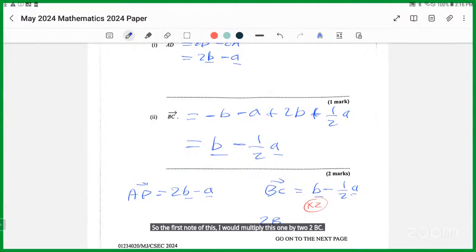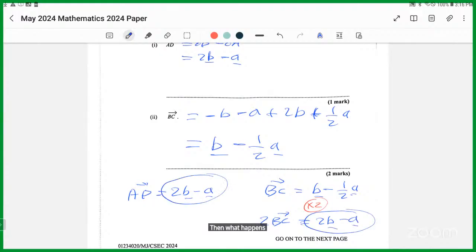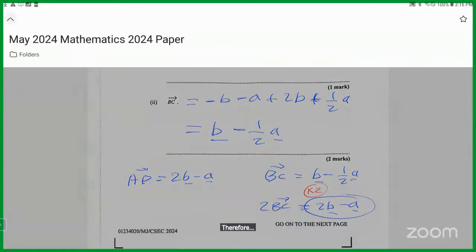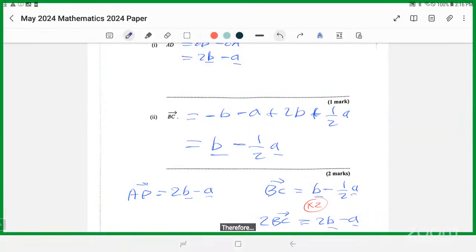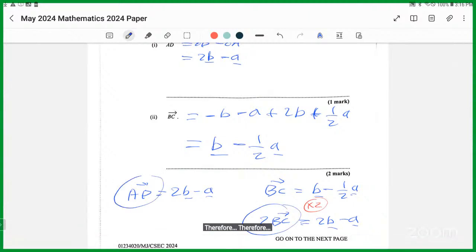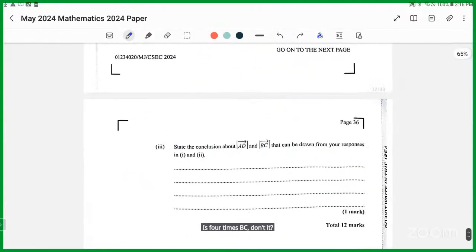This will become 2B minus A. Then these two things are the same. Therefore, from the relationship, we see that AD is 2 times BC.